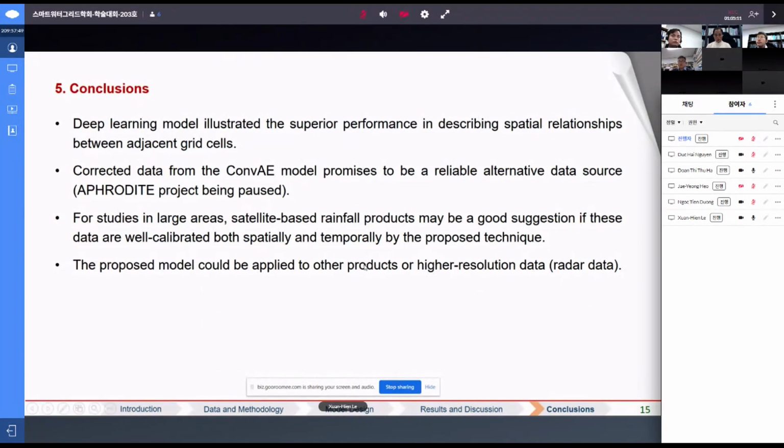The satellite-based rainfall product may be a good option if the data are well calibrated, both spatially and temporally, and the proposed models could be applied to other products or higher resolution data.